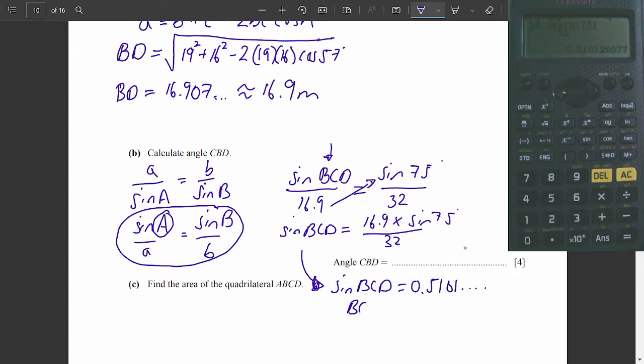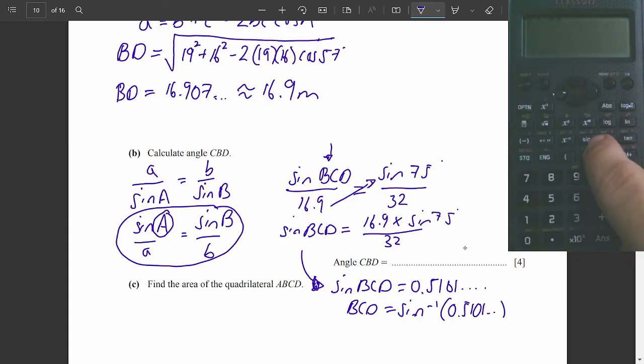For BCD, I now need to move the sin across, so that's sin to the power of minus 1. Putting that into my calculator, press shift, sin to the power of minus 1. I can insert my previous answer, so I don't use a rounded answer. My answer is more correct. And press equal.